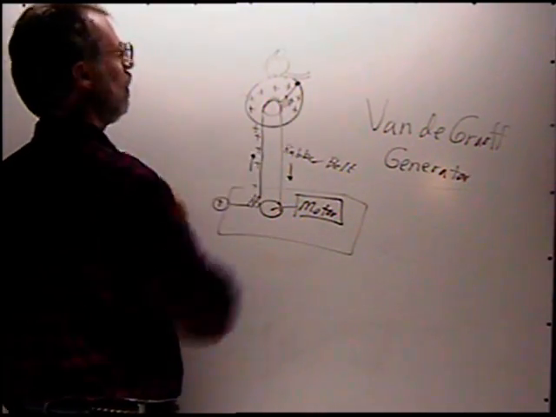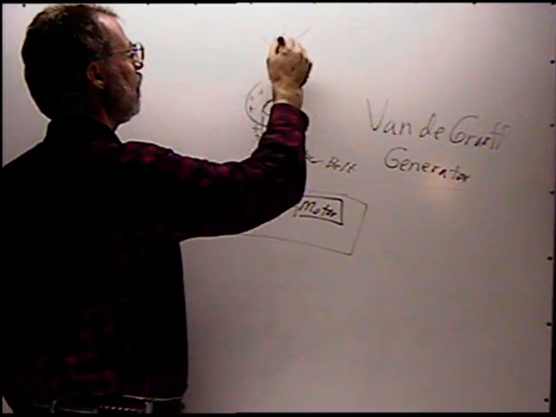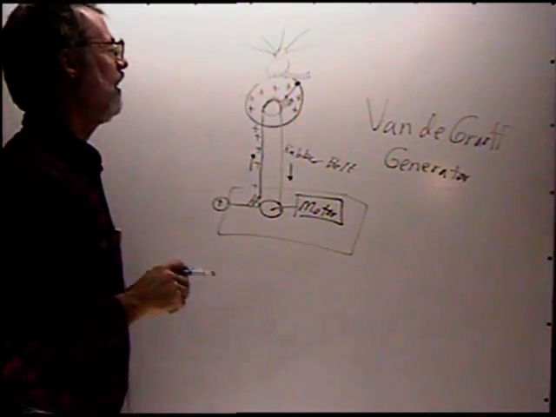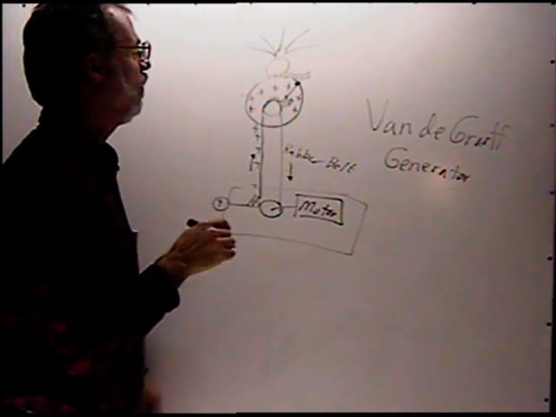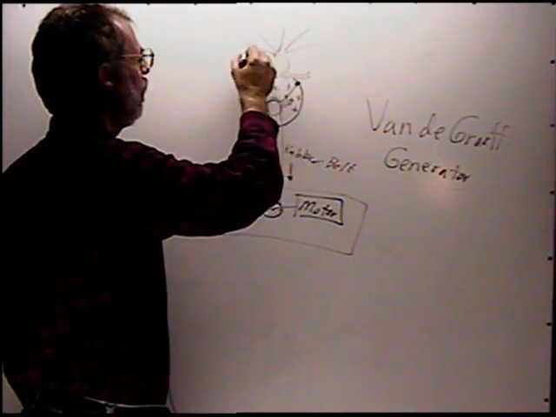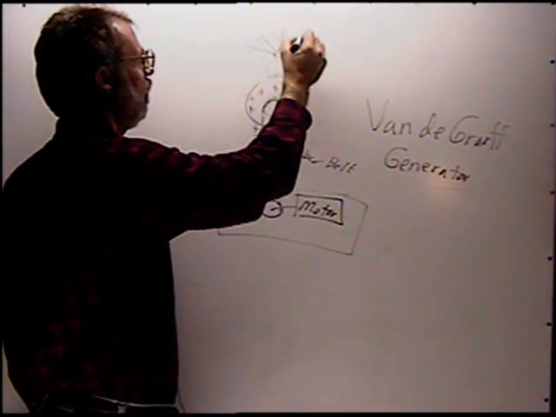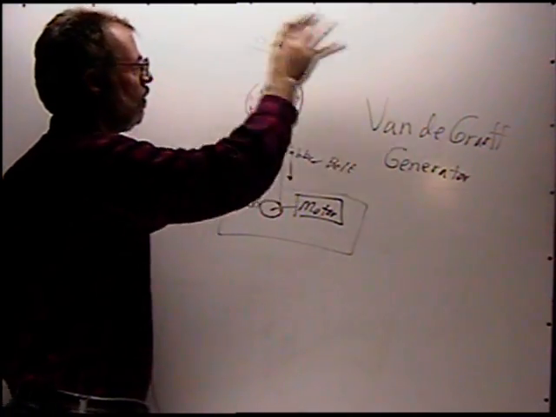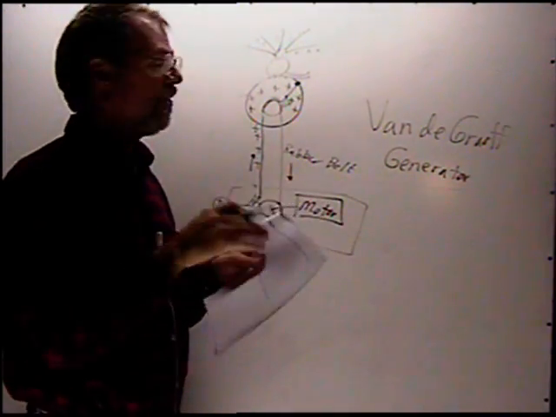Well, we set her on here, and lo and behold, her hair stands up like this. Her hair goes like that, and all the hair just stands right up. Now, what I want you to do is figure out why the hair stands up. It has something to do with the plus charges being all on here. So the plus charges get on here, and of course the plus charges repel each other, and the hair stands up.